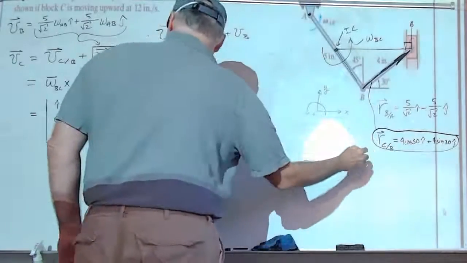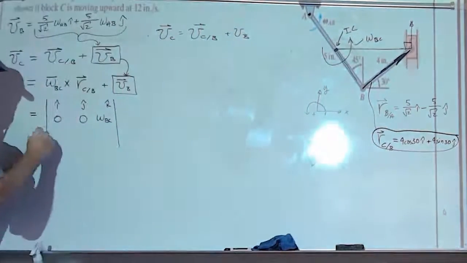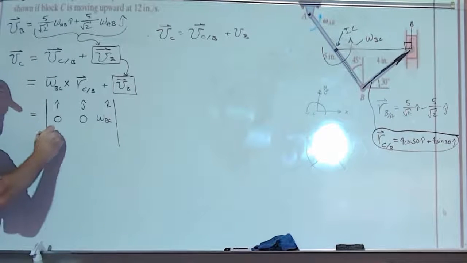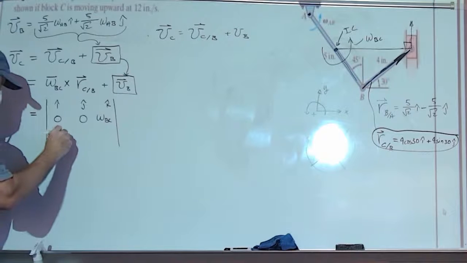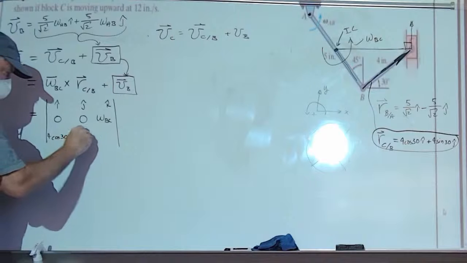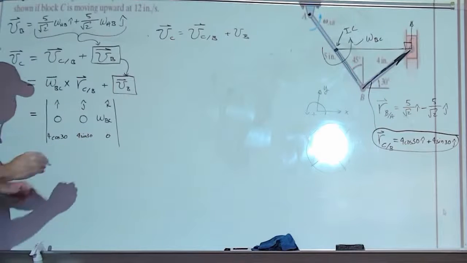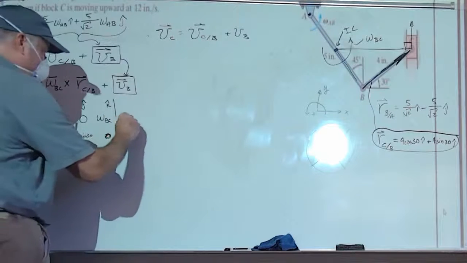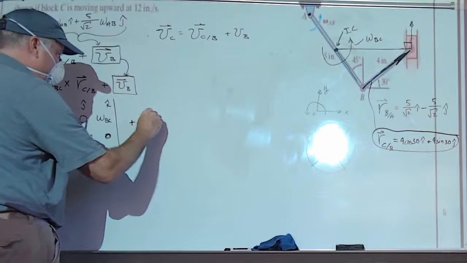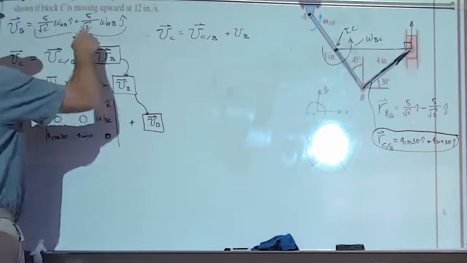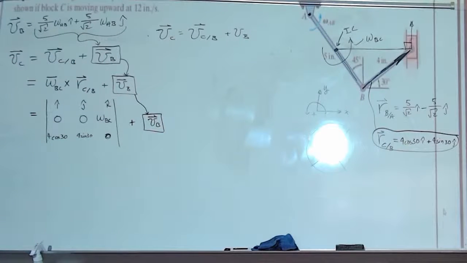So I will use it in here: 4 cosine 30 under the i, 4 sine 30, and it doesn't have a component going into or out of the board. And I really don't want to deal with this quite yet, but I'll put that in there in a minute.